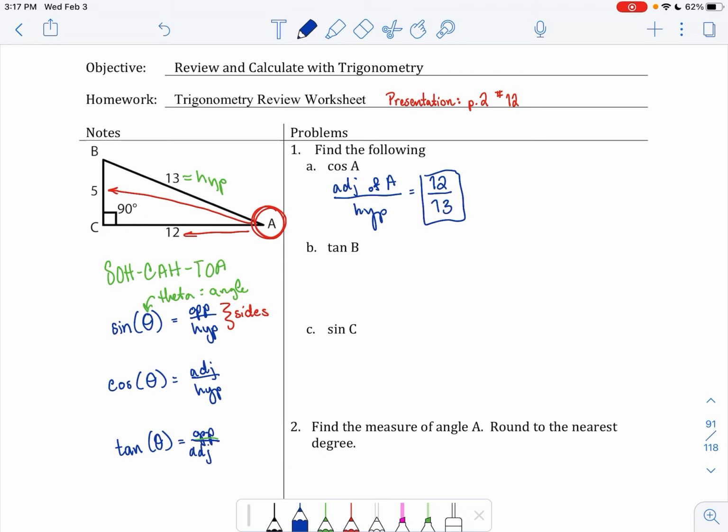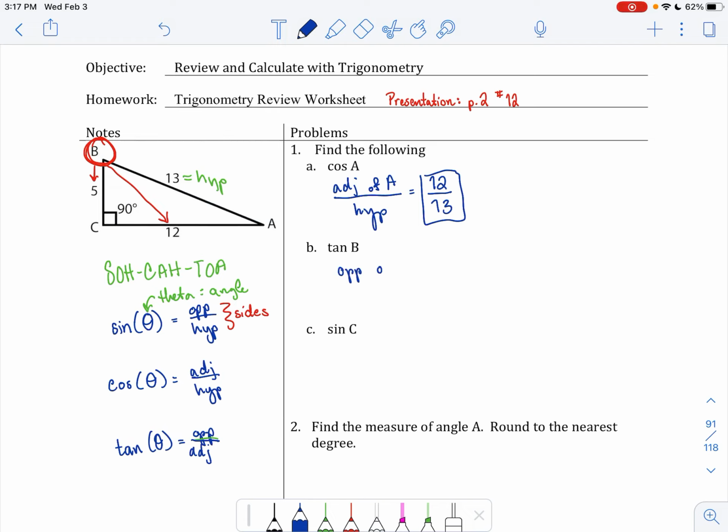Now with B, I'm going to do a quick erase. With B, it's asking for the tangent of B. If I'm looking at the angle B here, 5 is now the adjacent and 12 is the opposite. That's the important thing here: as you change what angle you're considering, you're changing which side is the adjacent and which is the opposite.